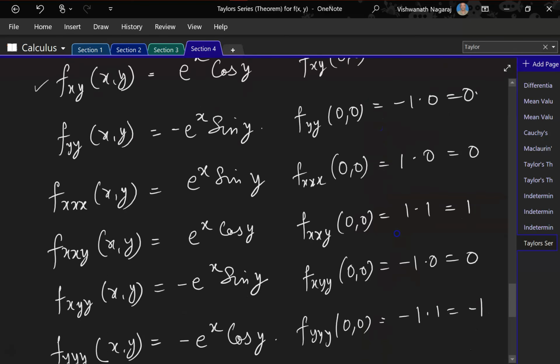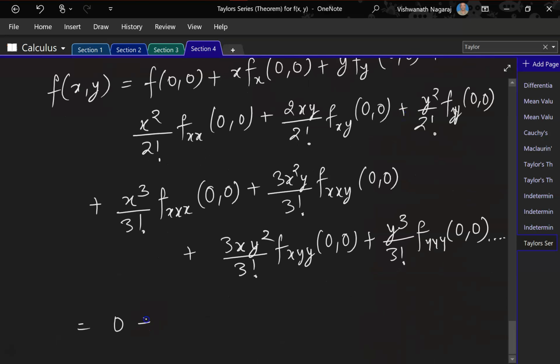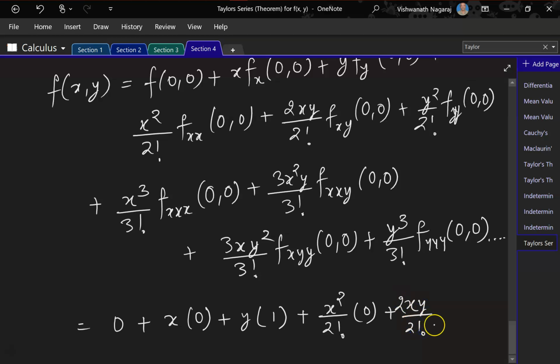The second is also 0. So plus x times 0 plus y times the next term is 1, plus x square by 2 factorial times 0 plus 2xy by 2 factorial times 1.